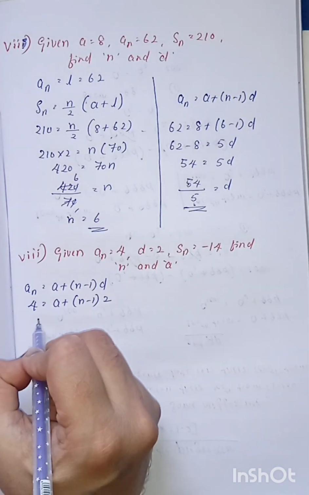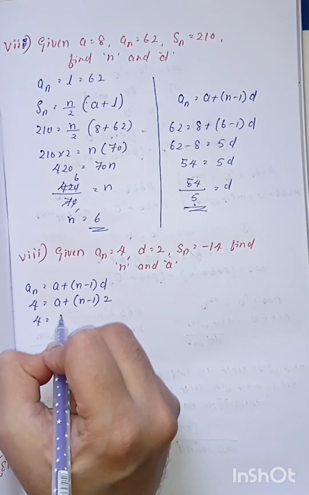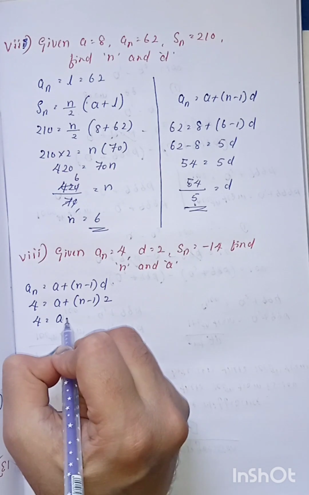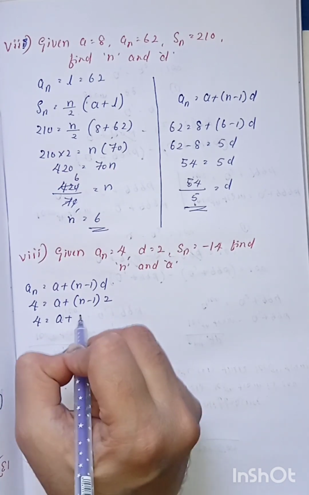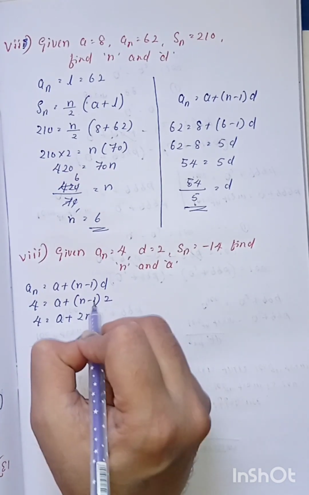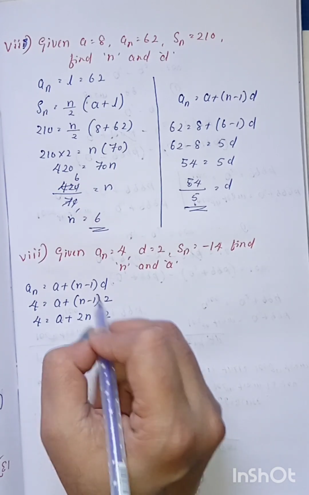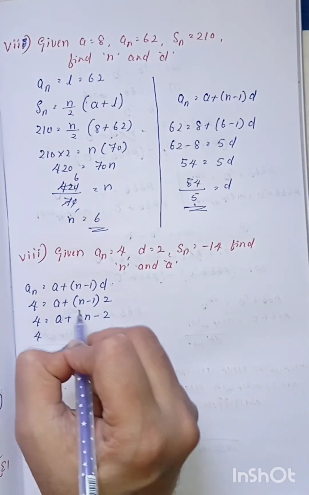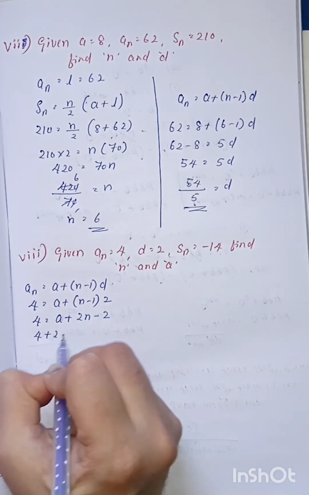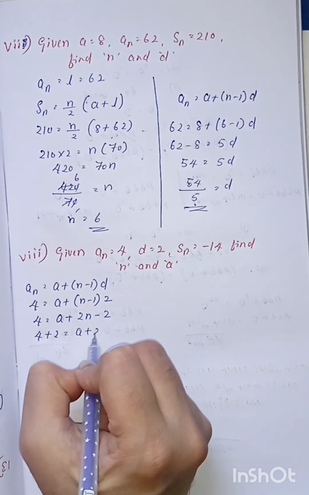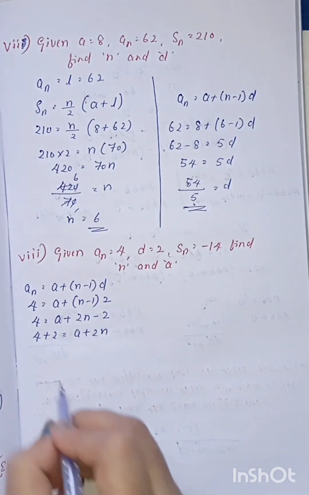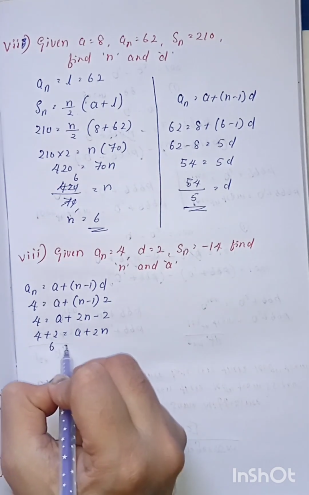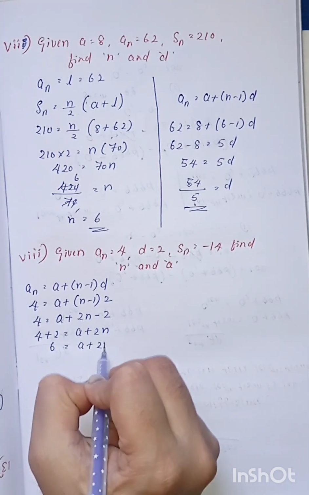In the next step, 4 as it is, a is also as it is. Now multiply it, 2 into n, 2n, minus 2 ones are 2. 4, bring 2 here, plus 2 equals a plus 2n. 4 plus 2, 6 equals a plus 2n.